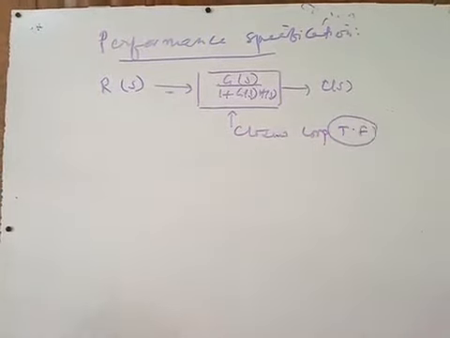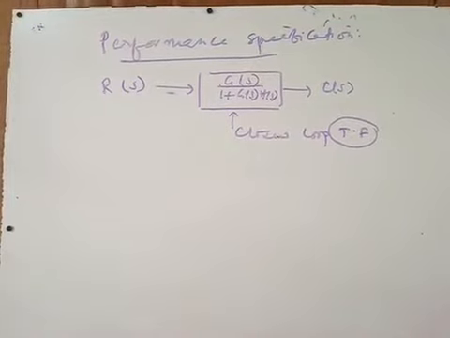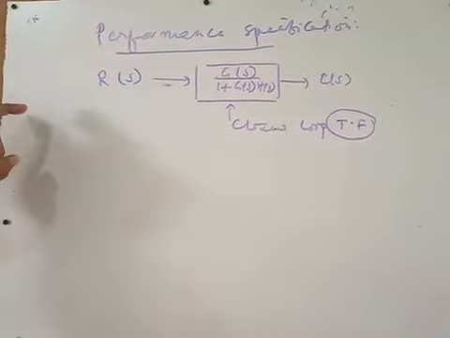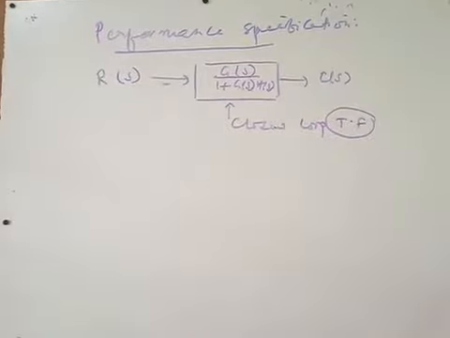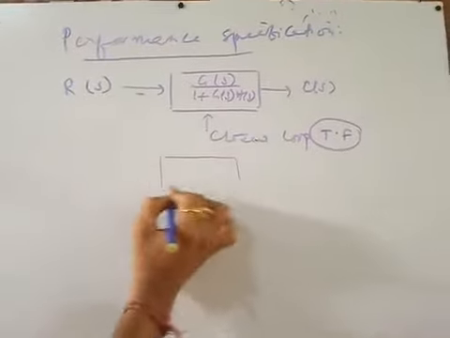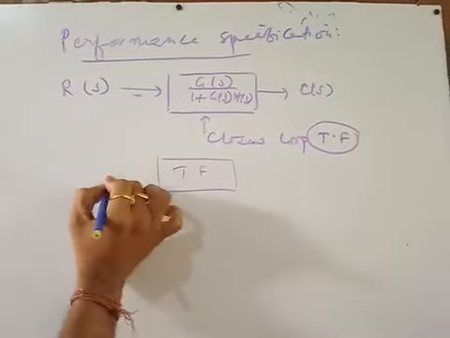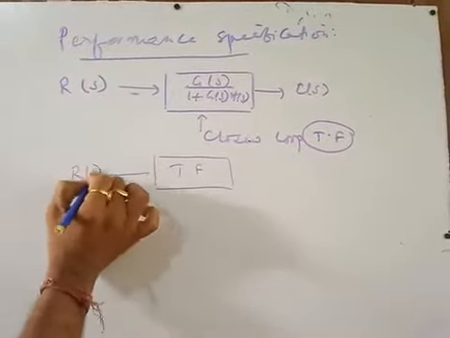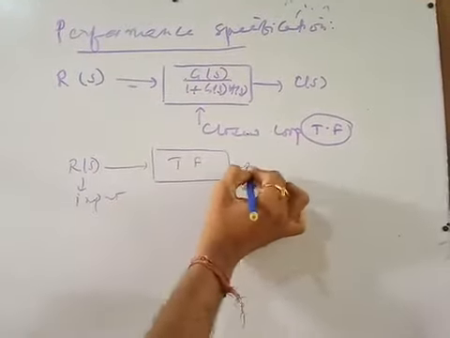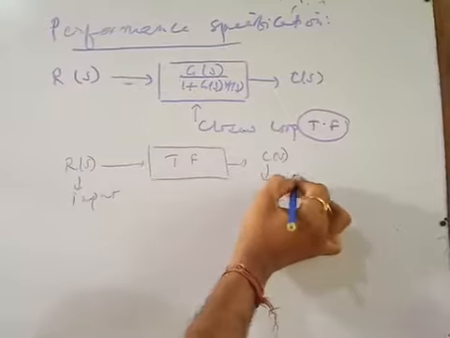As we are discussing the closed loop system transfer function and its response, the performance specification depends solely upon the closed loop transfer function. This is your transfer function in short, this is your R(s), that is your input, and this is your C(s), that is your output.